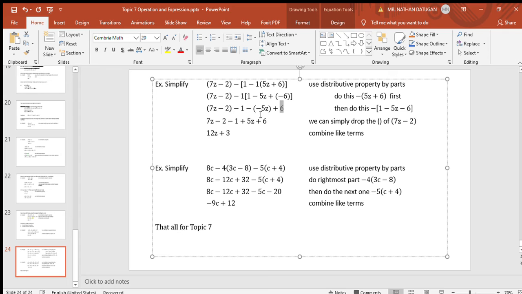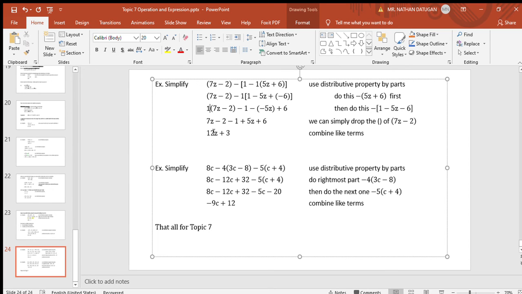Now let's move on to the latter half, 7z minus 2. Quick question, is there anything we're distributing to this part? No, we're not. But if you really want to, technically there is, which is basically 1. We're distributing 1 to all the terms inside. But what is 1 times anything?